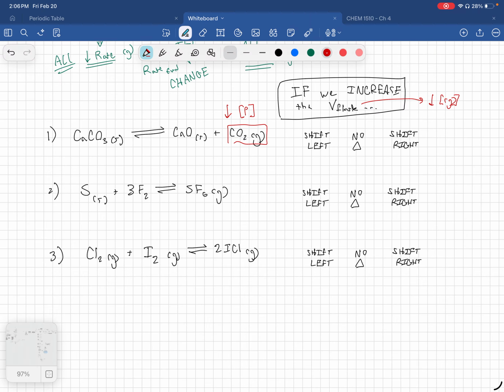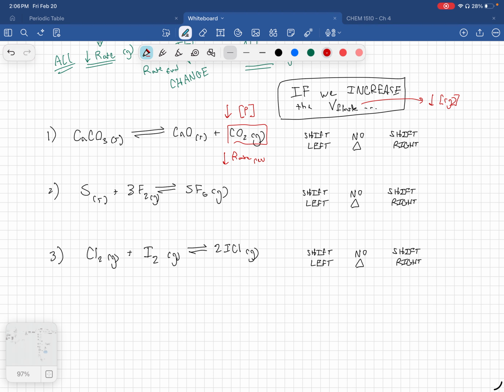And so this is a product. Since it's the only gas, and it's on the product side, remember, decreasing the concentration of a product causes the reverse rate to be slower because now the CO2 particles collide less often.